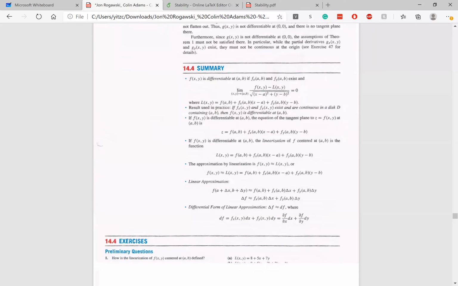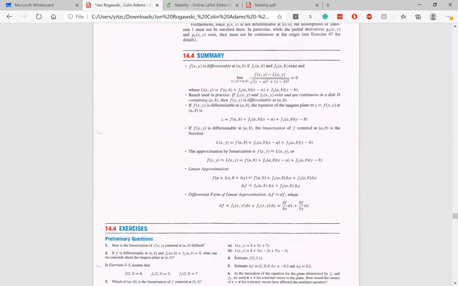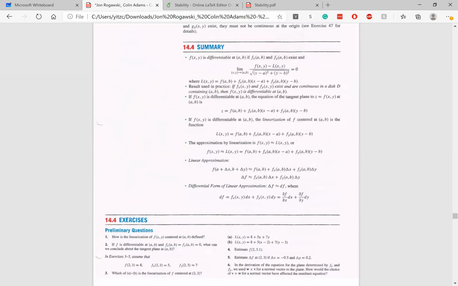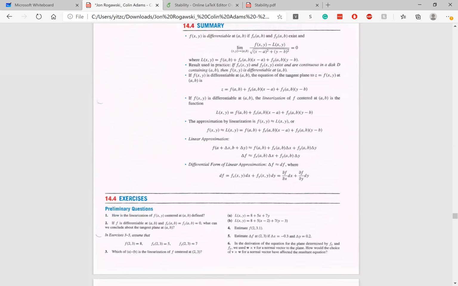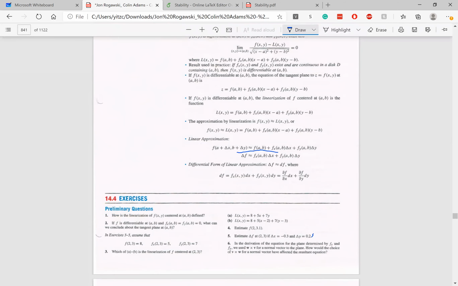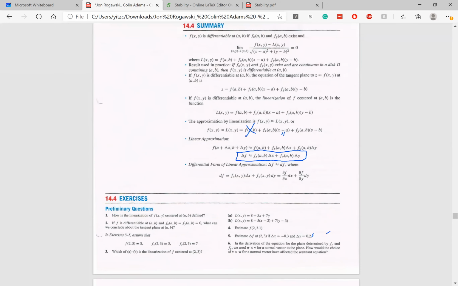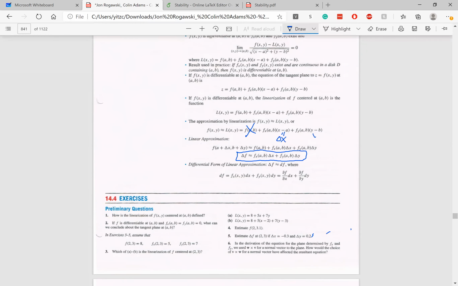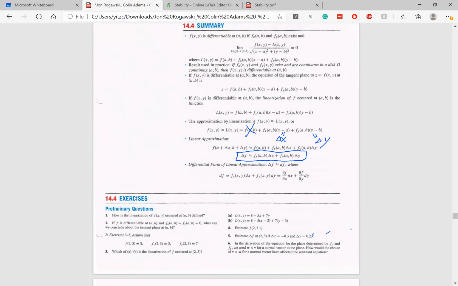The approximation by linearization is just f of x approximately that. The change in the approximation is this. We take this to equal delta x, just a notation, and this to be delta y, all coming from this original equation.